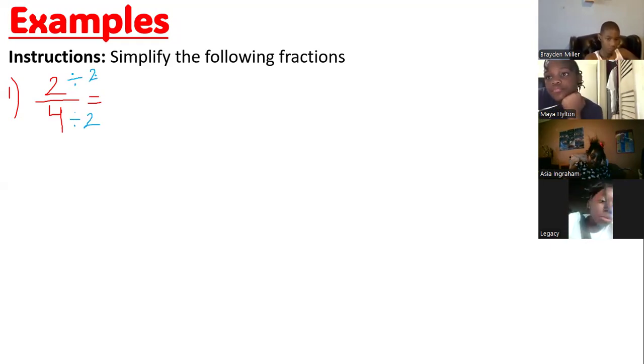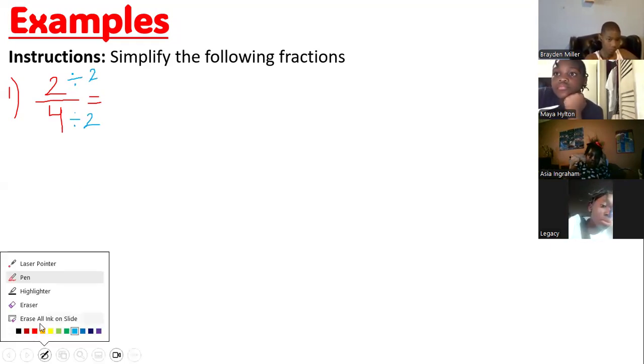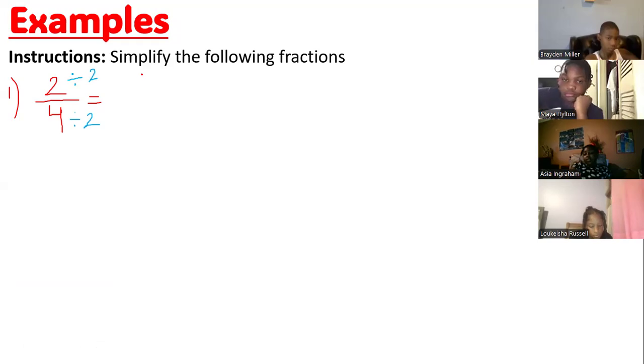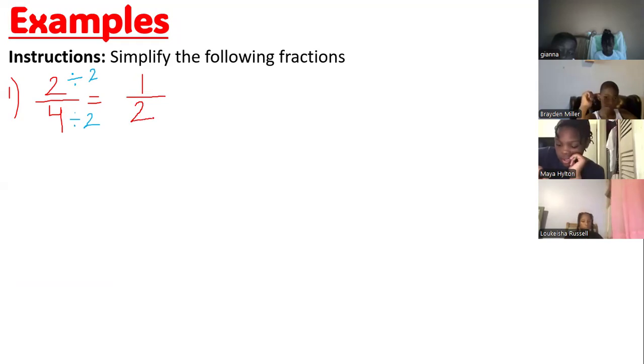And so 2 divided by 2 is what? 1. So it's going to be 1 over 4 divided by 2, which is 2. Very good.